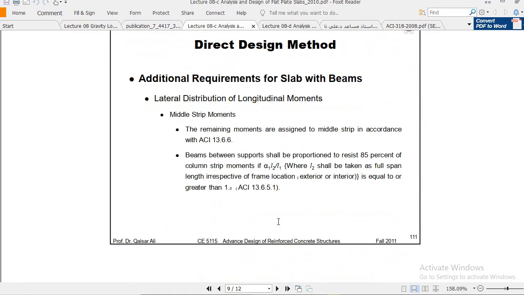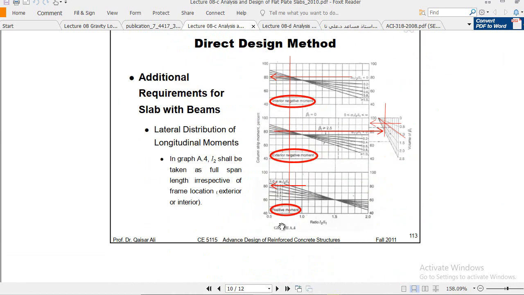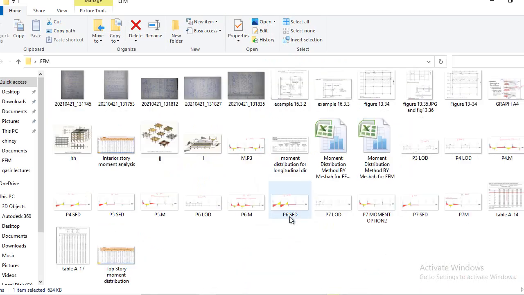And if somebody is using this chart, the upper chart will be used for interior negative moment, the middle one for exterior negative moment, and the lower one for positive moment. So how to use this chart? Let me explain this chart.